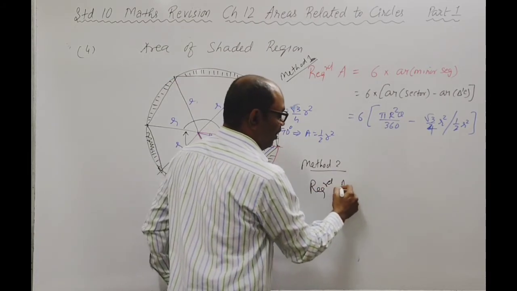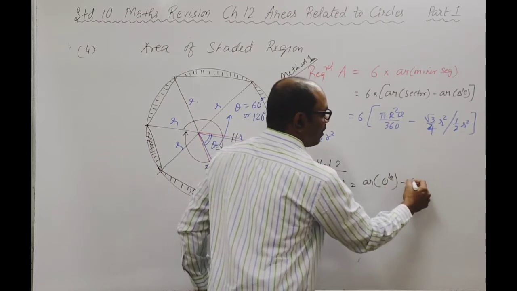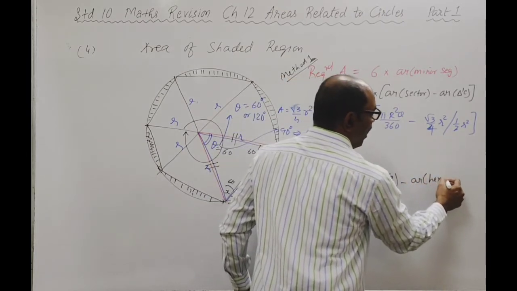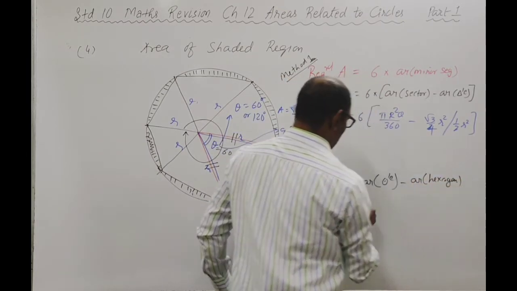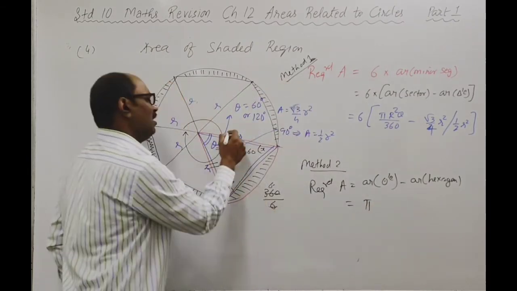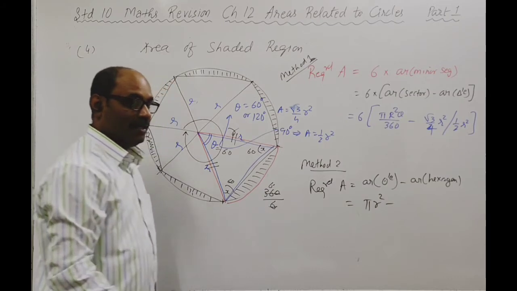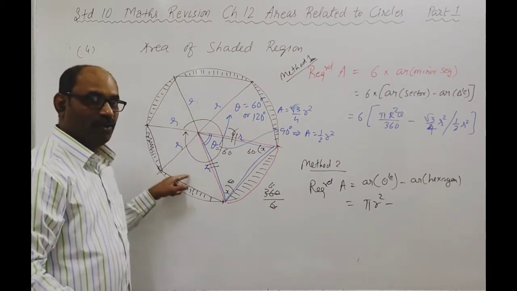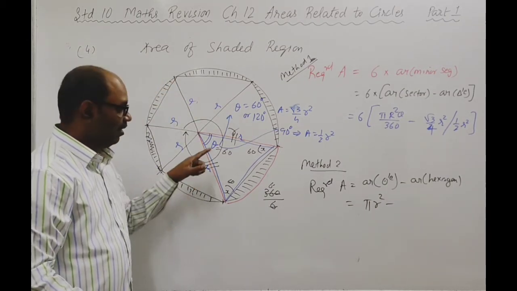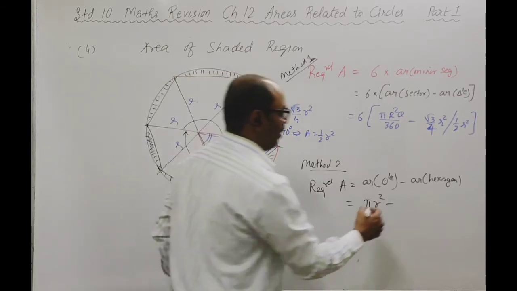So method 2. Required area is area of circle minus area of hexagon. Area of circle बोलिए formula. Pi, yes, we'll call this small r only. Pi r square minus, yes, hexagon की कोई formula नहीं है. 1, 2, 3, 4, 5, 6. 6 times area of triangle.